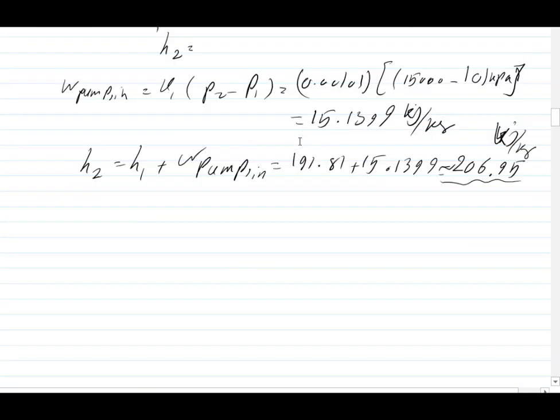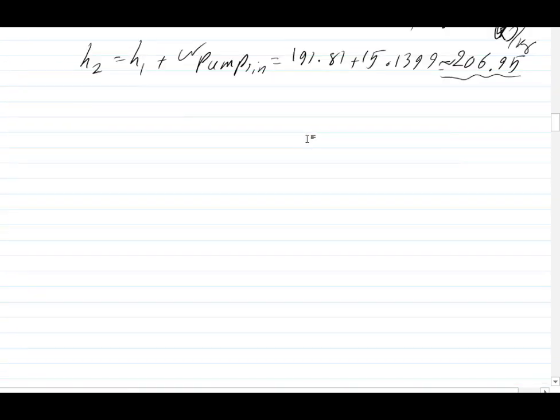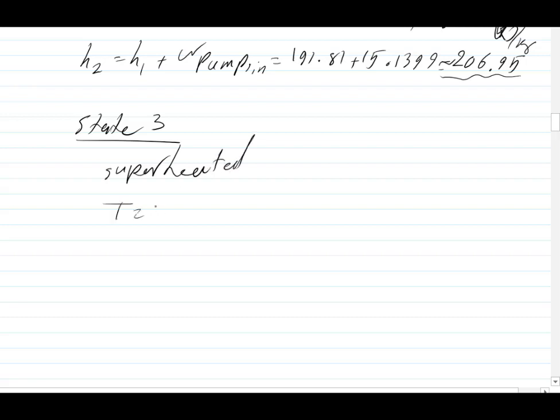Let me just write it down here. State 3, first of all, superheated. Temperature is 600 degrees Celsius and pressure is 15 megapascal.